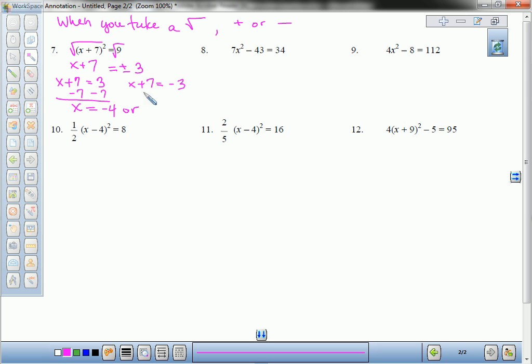And then we get a second answer. When we subtract the 7 over here, we get that x can be negative 10. So with quadratics, usually we have 2 answers. Most of the time they're 2 real, and then sometimes they're 2 imaginary.